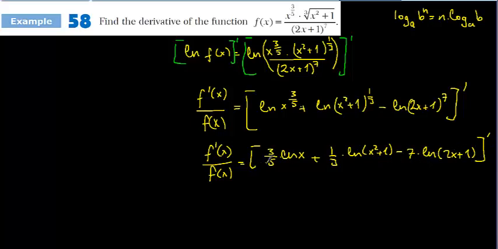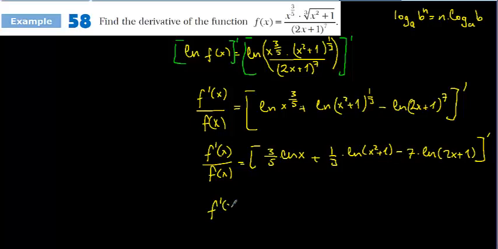Here these are coefficients, that's why they're not going to affect the derivative operation, and the addition sign and subtraction sign we have here are not going to affect the derivative operation again, so I can get the derivative of all these expressions one by one.